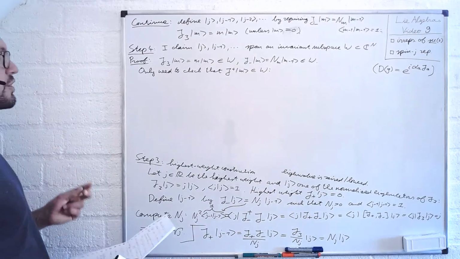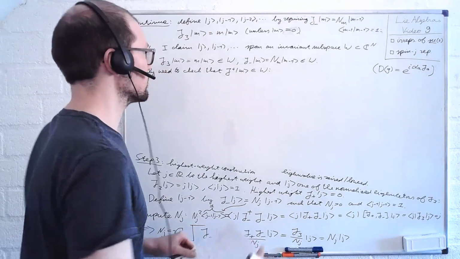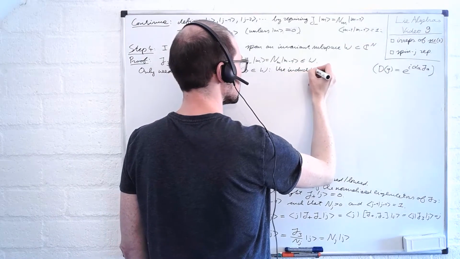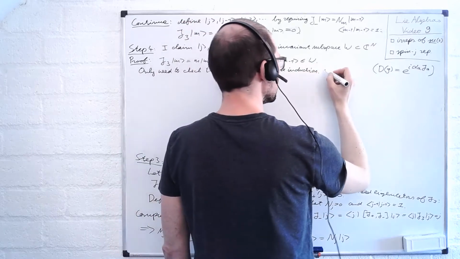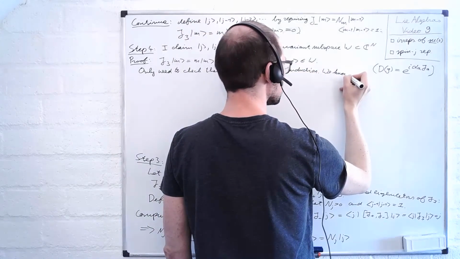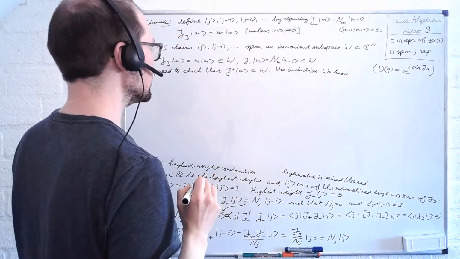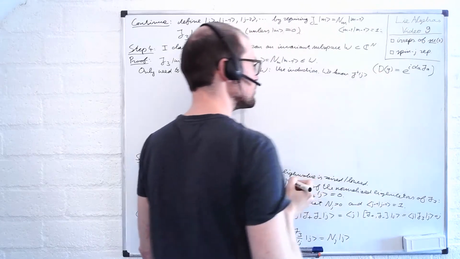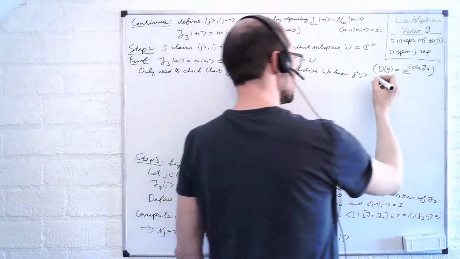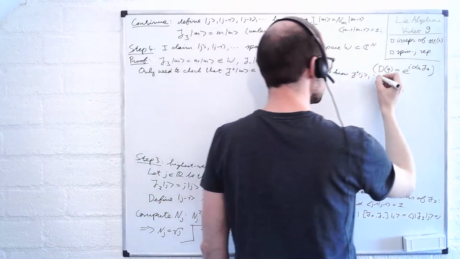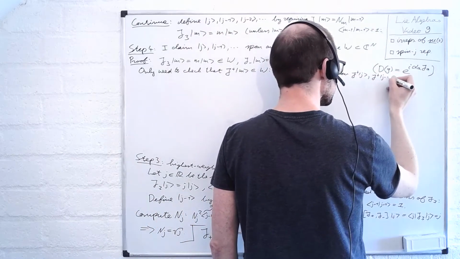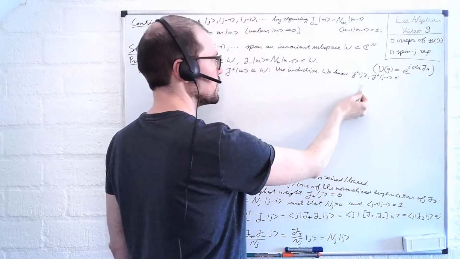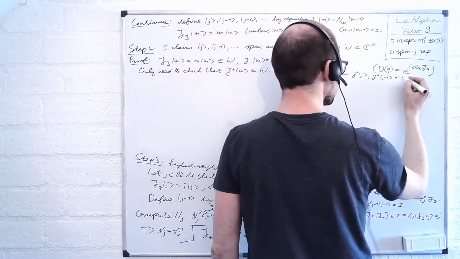The easiest way to do this is by induction. We know that J plus acting on the highest weight state is 0, so it's trivially in this subspace. But also J plus J minus 1 is a multiple of the highest weight state, so it's in there.